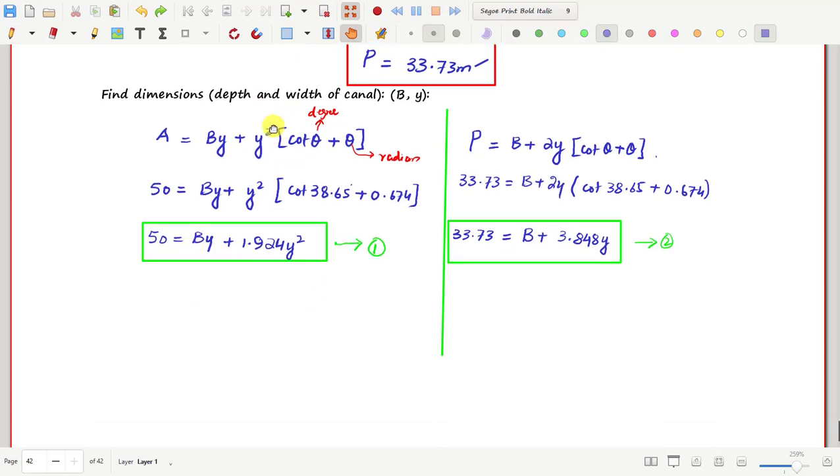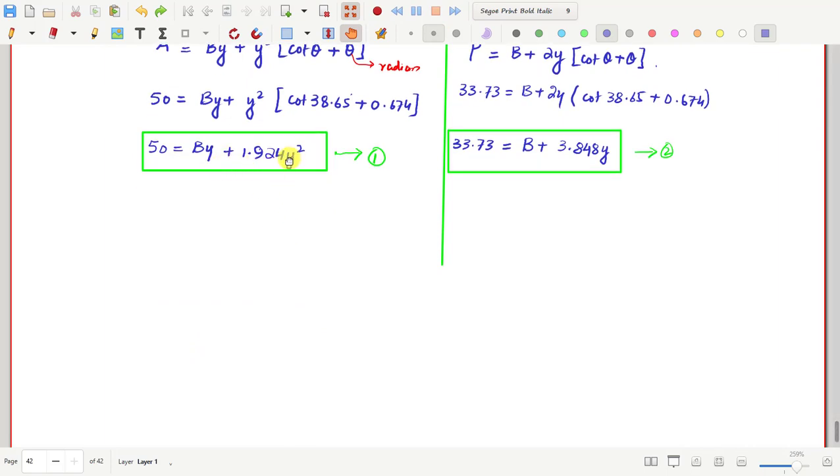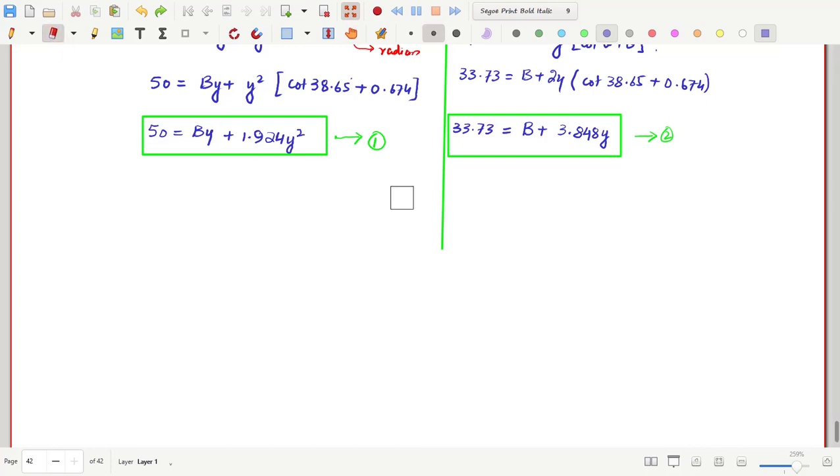Let me show you. Because our end objective is to find the value of y and b, right? We can do one thing. Write these two equations here. The first one is 50 is equal to by plus 1.924 y square, right?